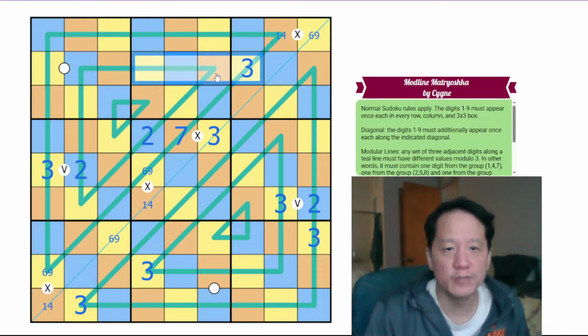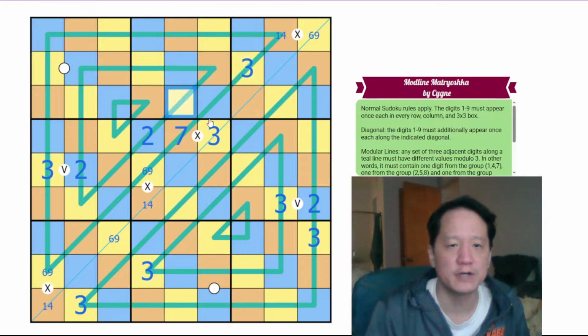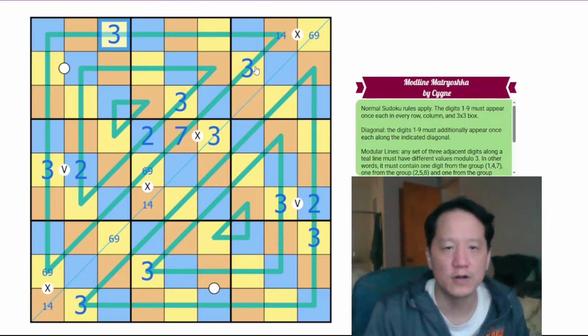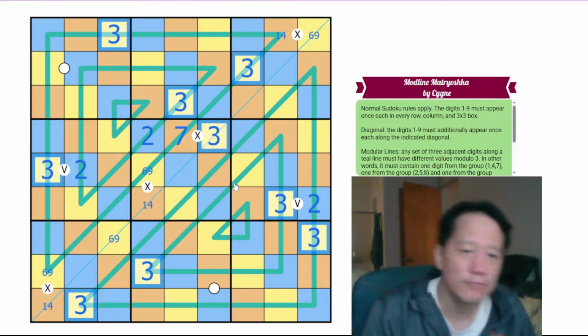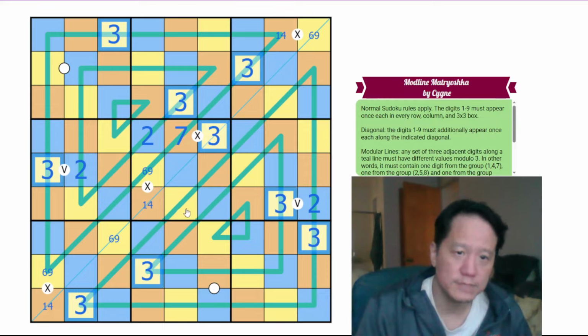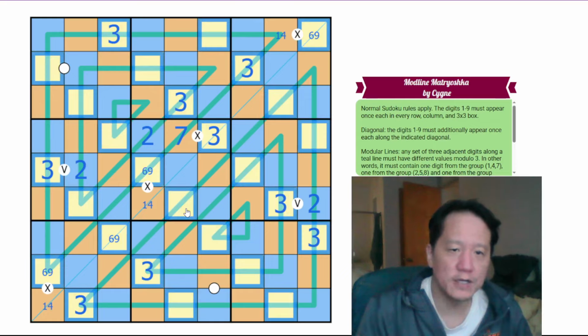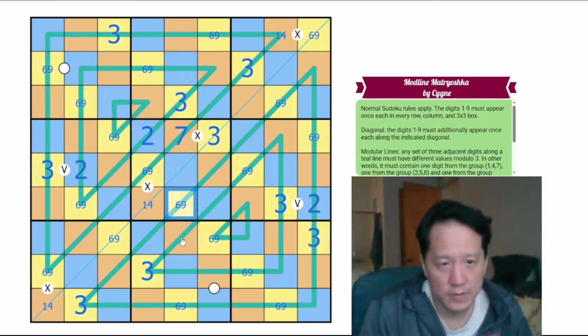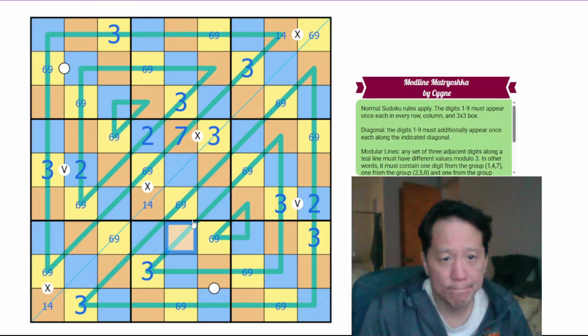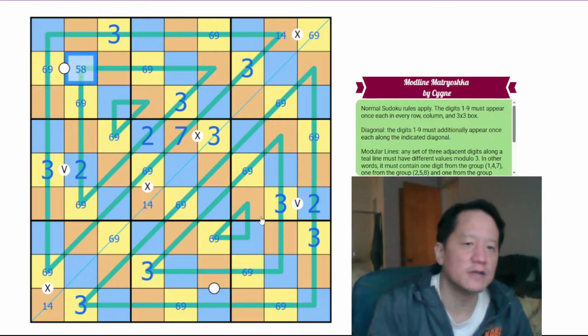That eliminates 3 from being here and here in this upper central box, so 3 must be there. And 3 cannot be here or here because 3 is in the column there, so this must be 3 there. Okay, we have 3's all done. So the remaining yellows are 6 and 9. 6 and 9 is only consecutive with 5 and 8 here.